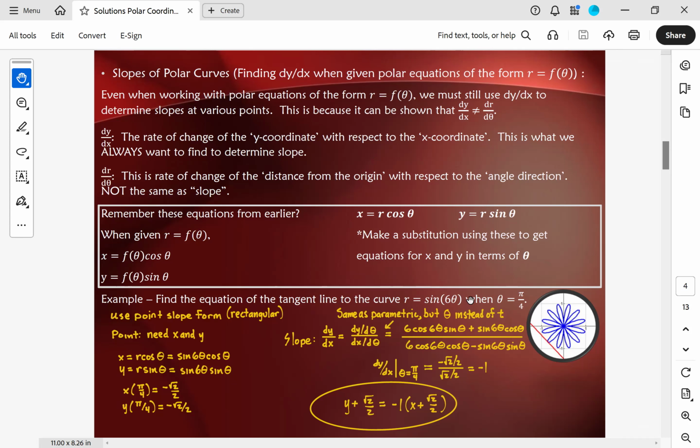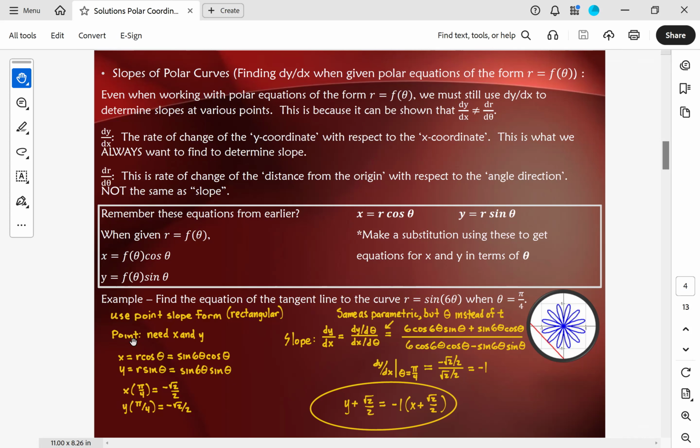If I put a pi over 4 in here times 6, well, now it's sine of 3 pi over 2, which is negative, so it's a negative r value. And now it makes sense, right? In the direction of pi over 4, but with a negative r value does land us down at this tip in quadrant 3.